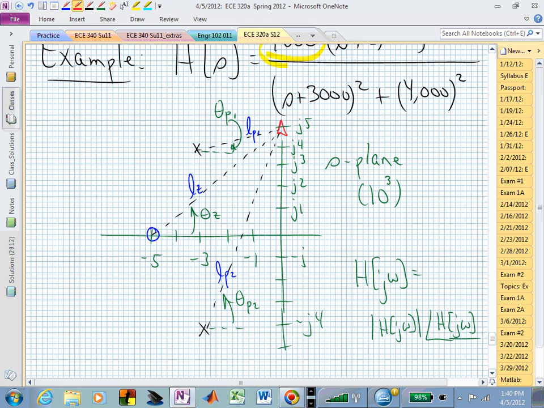For example, if I look at what's happening at DC from the poles, let's say that those were at minus 4,000 plus j4000. It'll make my discussion easier. This angle would be minus 45. This angle would be plus 45, and they would cancel each other out at the origin.